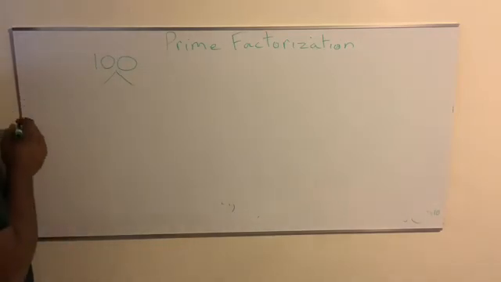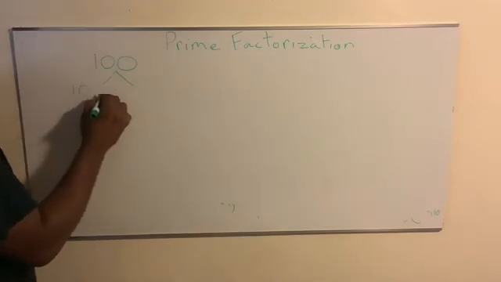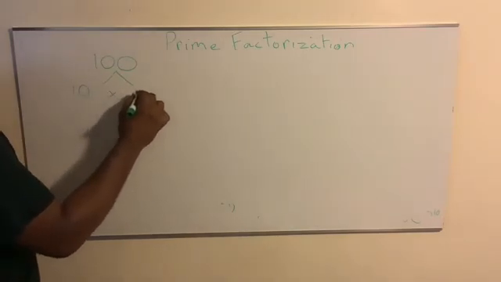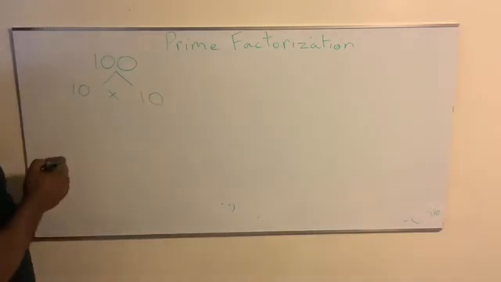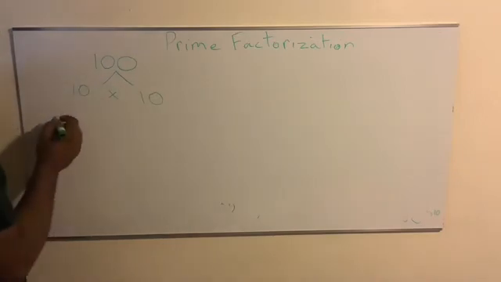So let's say I break down 100 with 10 times 10. 10 is composite, so I can continue breaking it down.